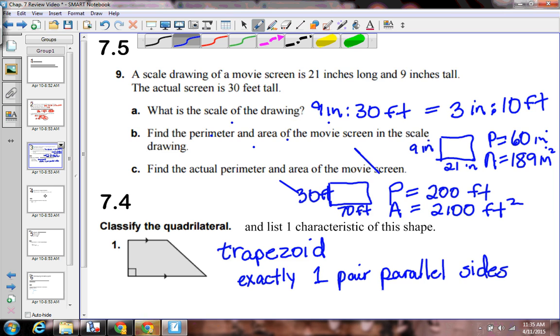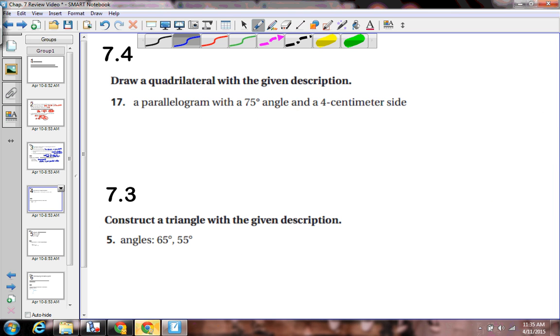Okay, moving on. We're now at 7.4 again, and we're going to draw a quadrilateral with certain things. I do not have a protractor that I can use on the screen or a ruler, so I'm going to estimate. But the first thing I would do is make my 75 degree angle with my protractor. And I would choose my base, so it doesn't matter which side would be 4 centimeters, but I measure this side and it's 4 centimeters long.